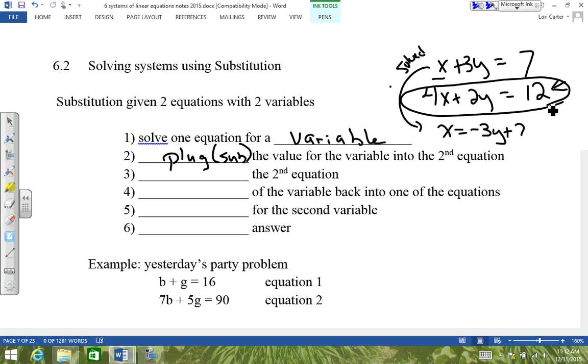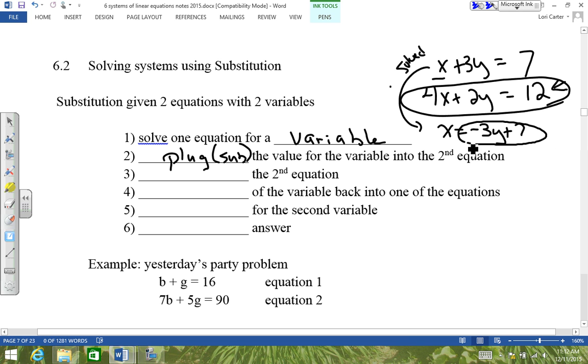Agreed? Up here, x equals negative 3y plus 7. That's what we did first, right? So now I know what x equals.